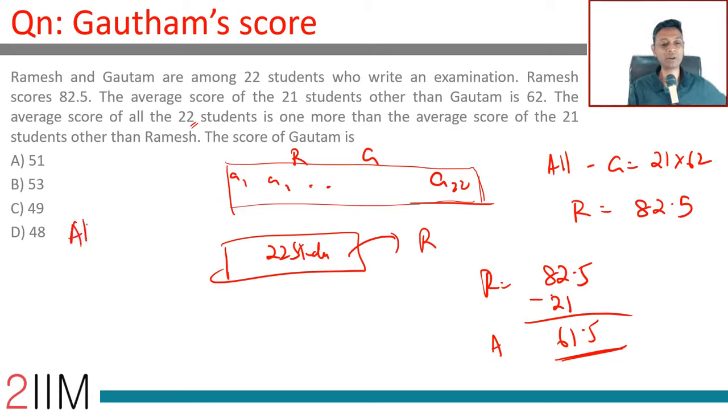Everyone minus Gautam's score is 21 into 62. Everyone is 61.5 into 22.